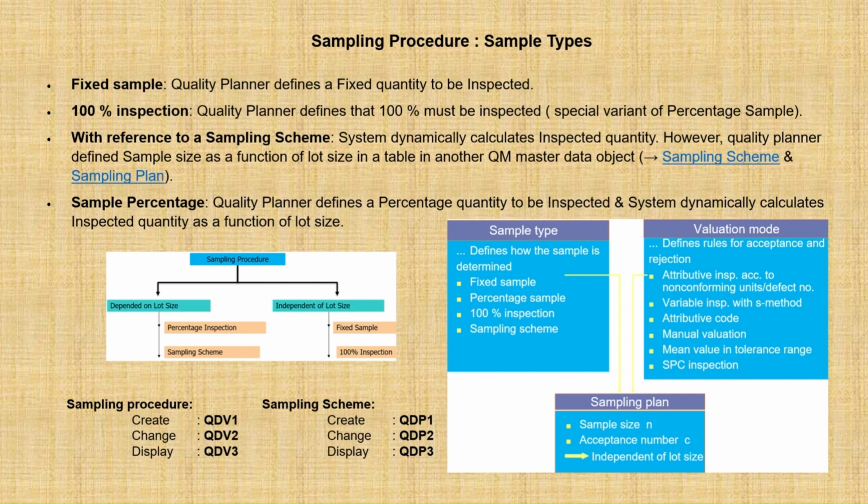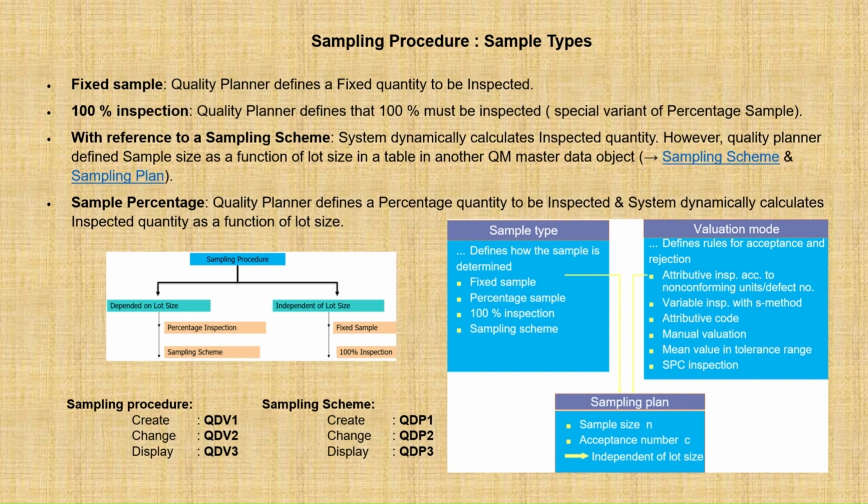In a fixed sample, if my lot size is 100, then I am saying I am inspecting 10 pieces, which is fixed. I have decided I will inspect 10 pieces out of it. Now the next lot is 10,000, but I have kept the sampling type as fixed and specified the quantity as 10.